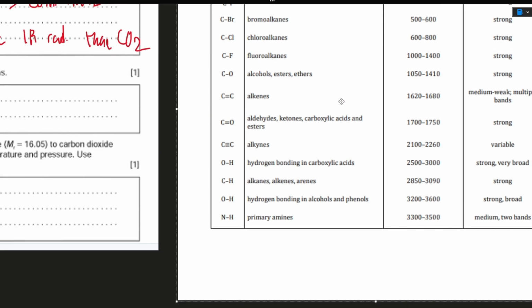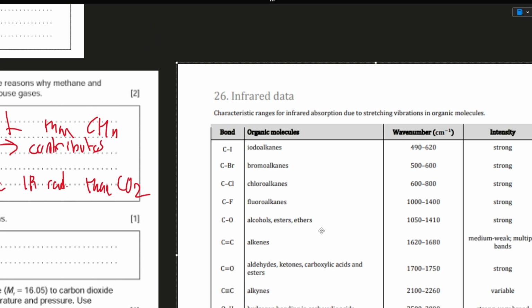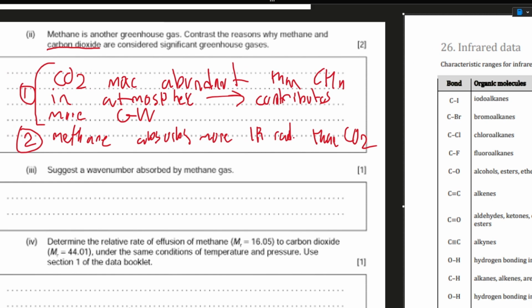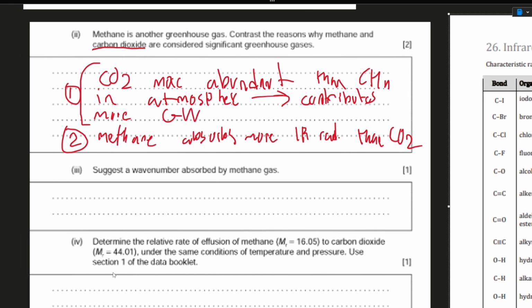Here we see that methane is an alkane, which has a strong infrared radiation absorption. So we can assume that it's stronger than carbon dioxide, because obviously carbon dioxide is more abundant, therefore it could possibly be less potent, and therefore it has a lower infrared radiation absorption than methane, because methane absorbs the IR radiation way more, or is more effective, than carbon dioxide.